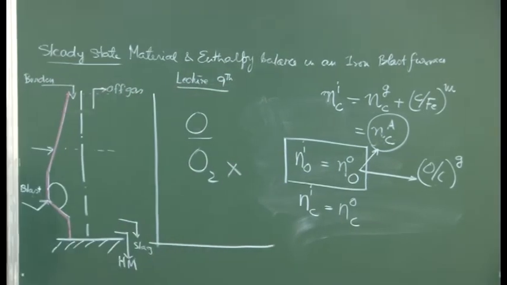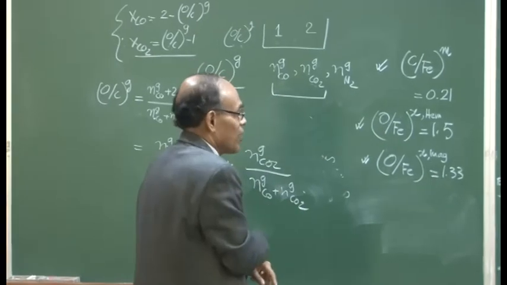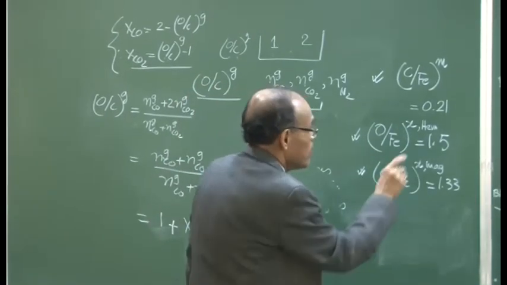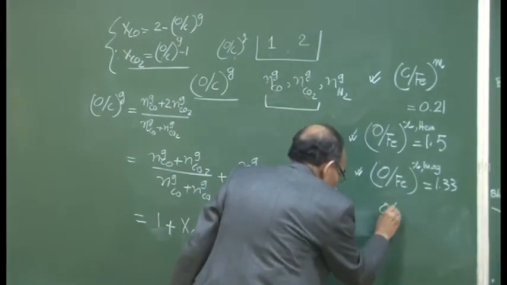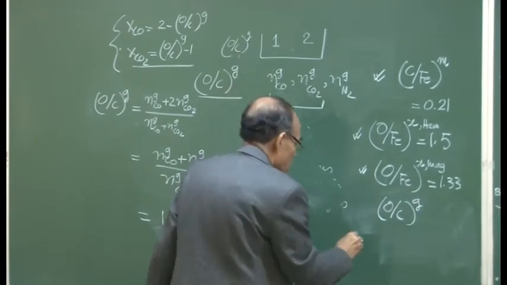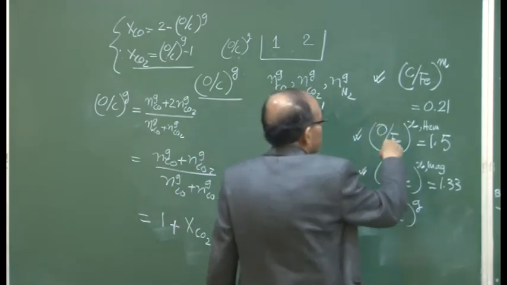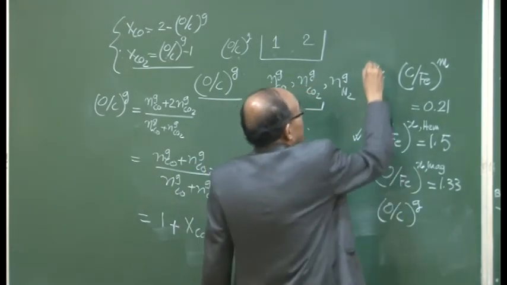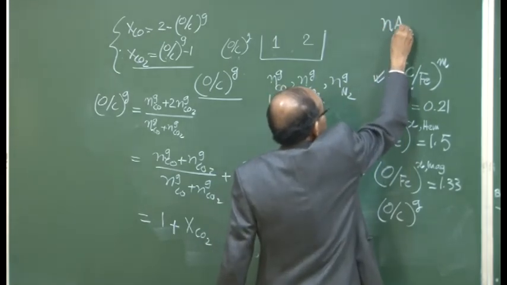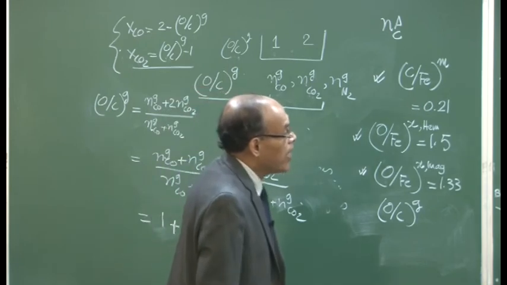So you can see now that in the process of establishing this mathematical model, we have introduced, I will conclude soon, this is the one variable we have, which is unknown. We have introduced another variable, O by C gas, and then we have introduced NaC or NGC.